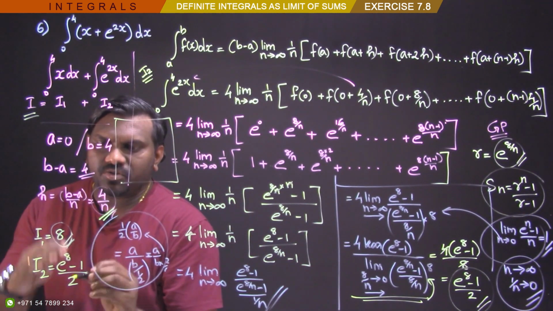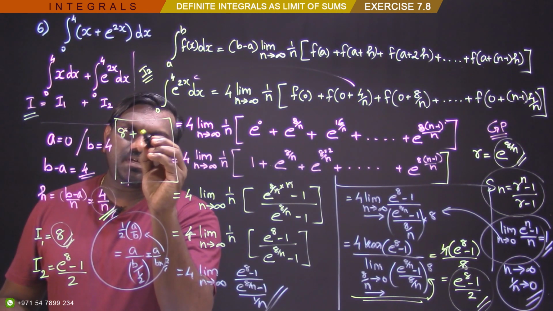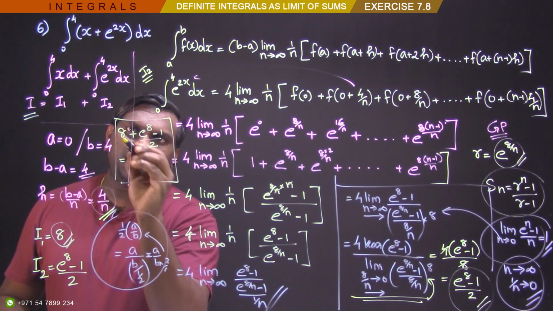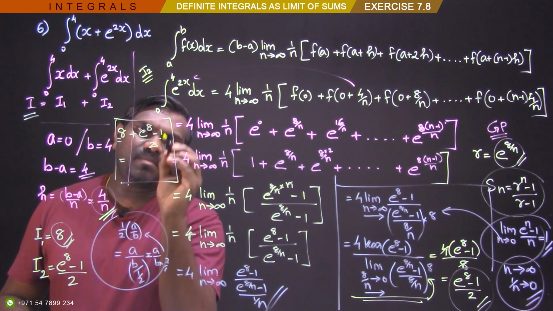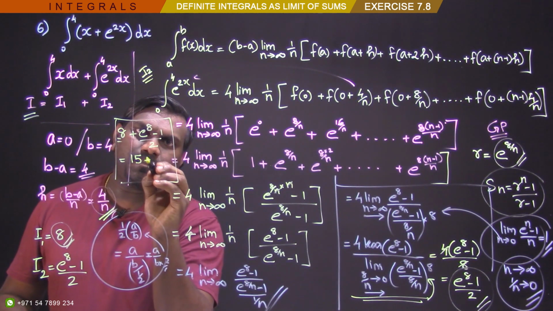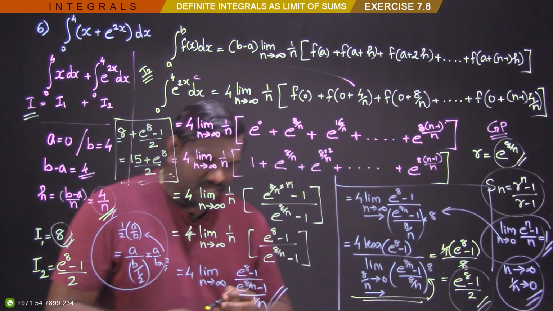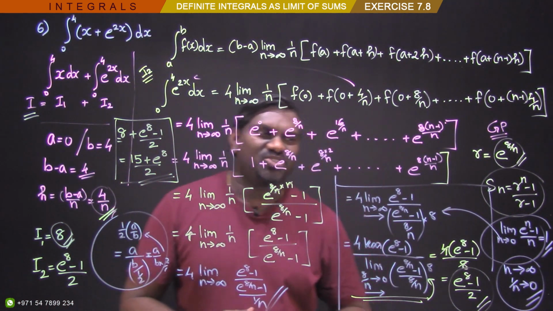I is nothing but you need to add them: 8 plus e raised to 8 minus 1 by 2. Taking the LCM, that is 16 minus 1 is 15, plus e raised to 8 by 2, is going to be my final answer for this 6th question, dear.